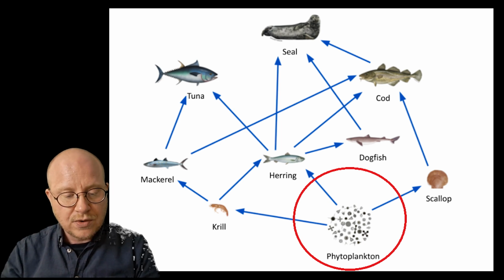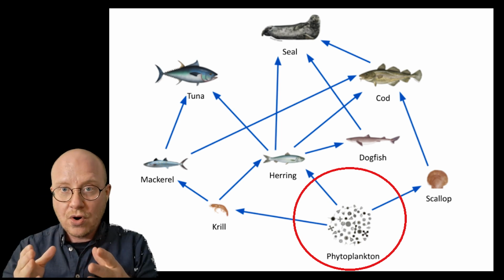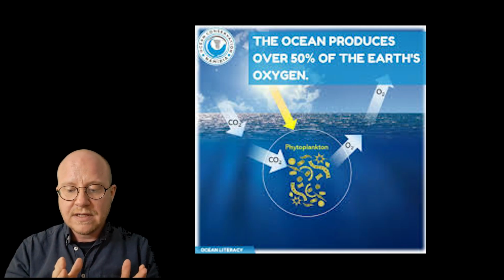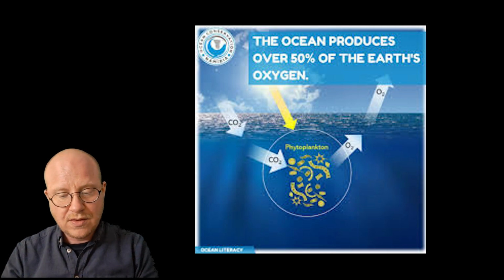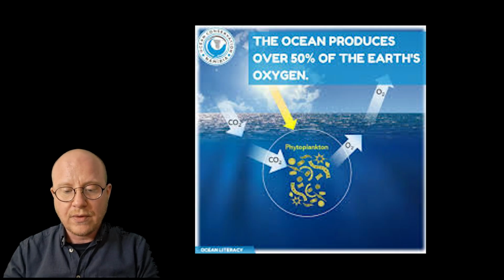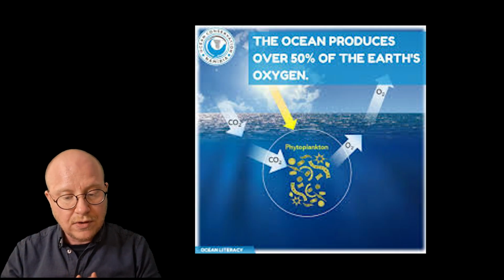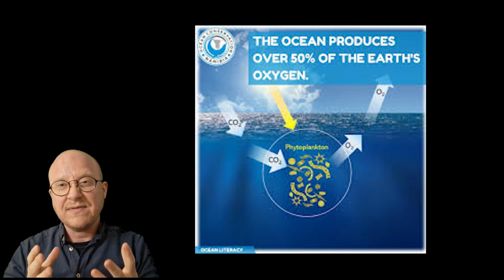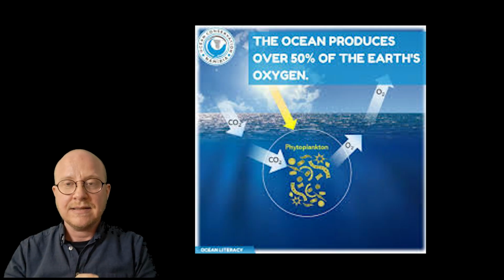Phytoplankton are producers and create organic, meaning carbon, compounds from dissolved carbon dioxide in the water. Although plankton only account for about 1% of global plant biomass, here they're considering phytoplankton to be plants.